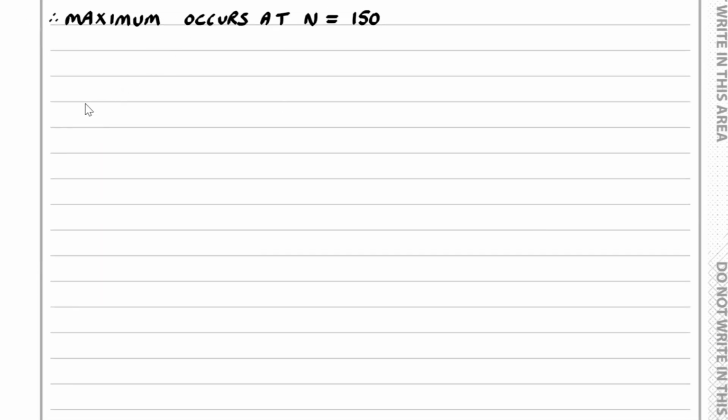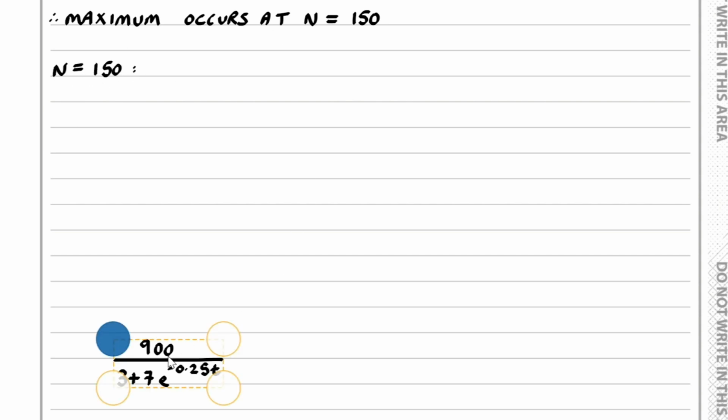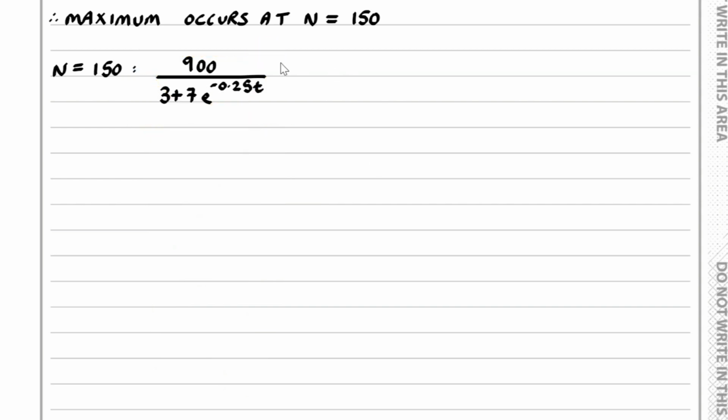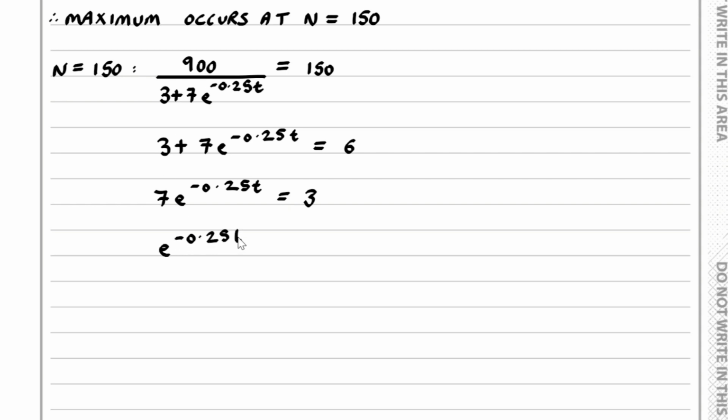So, with n equaling 150, I've got this result, which is equal to 150. So 3 plus 7e to the minus 0.25t equals 6. 7e to the minus 0.25t equals 3. E to the minus 0.25t is equal to 3/7.